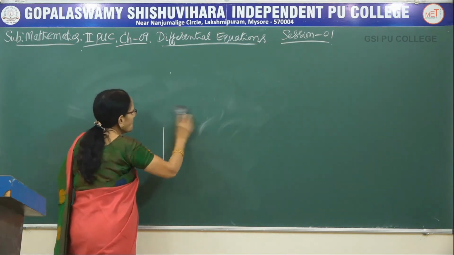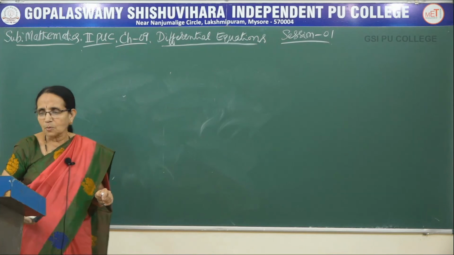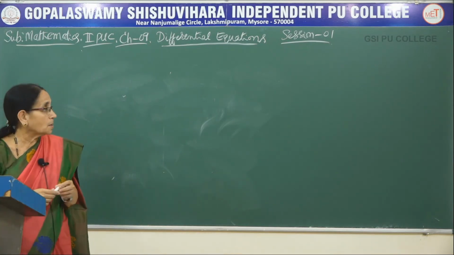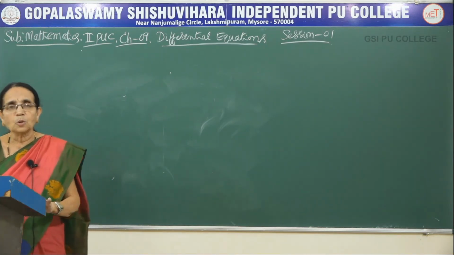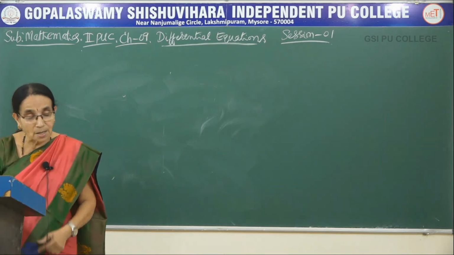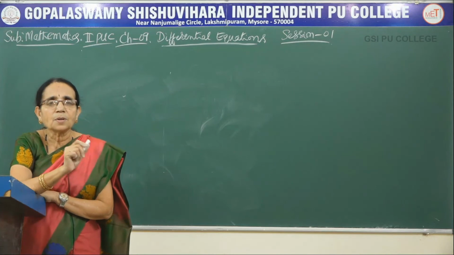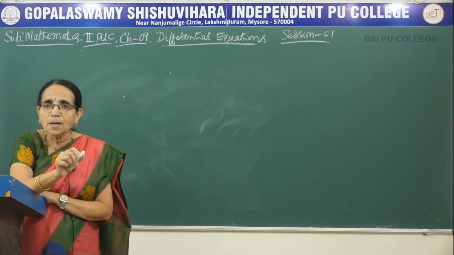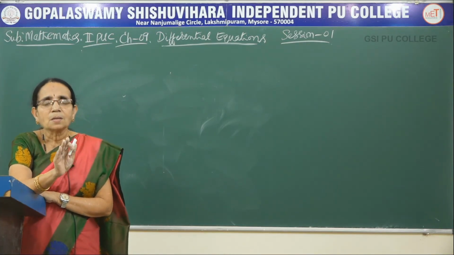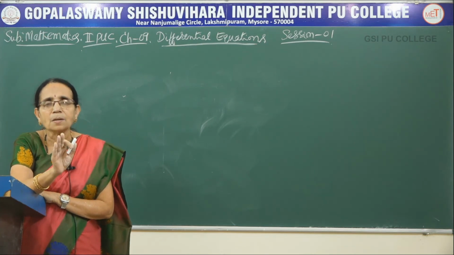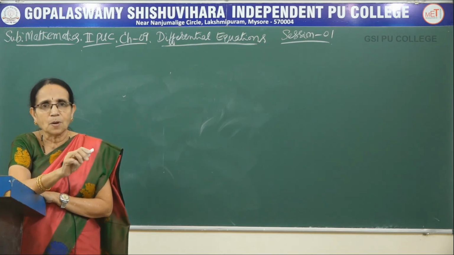Okay. Now, these are some of the examples we can consider to know about the degree and the order of the differential equation. So, always remember, the order of the differential equation is always defined. That is the order of the highest order derivative occurring in the equation.